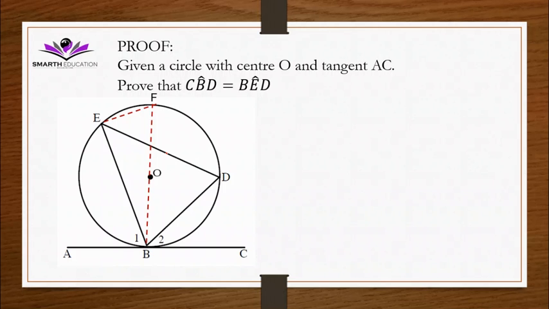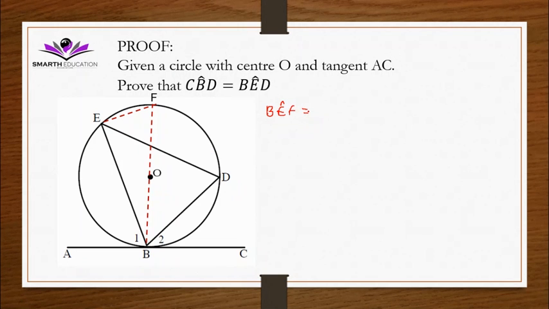Right, now we can say that angle BEF. What can you say about angle BEF? Let me write it down here. Angle BEF. What is the size of this angle?